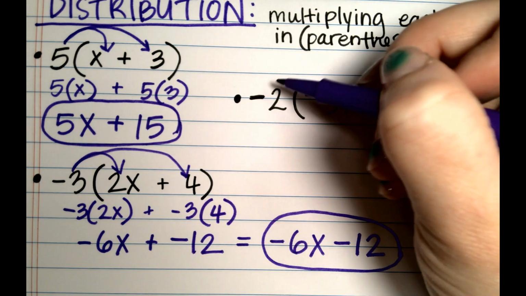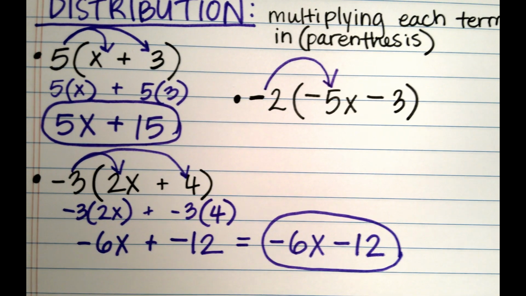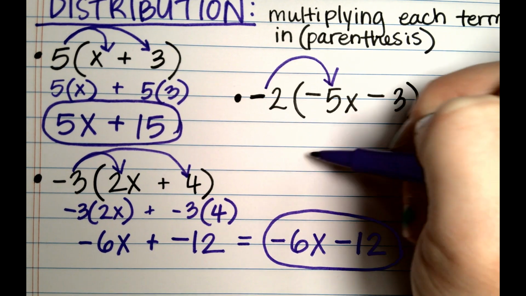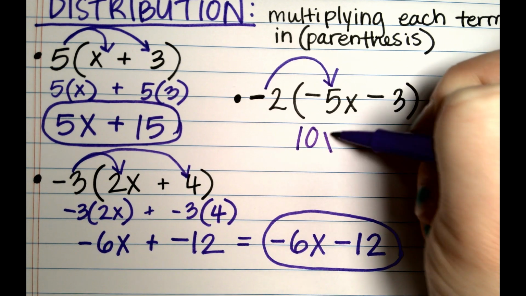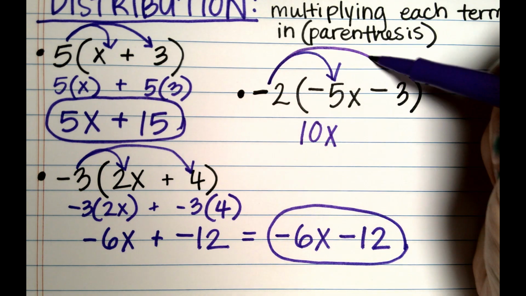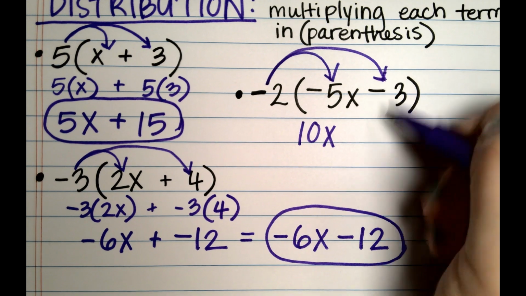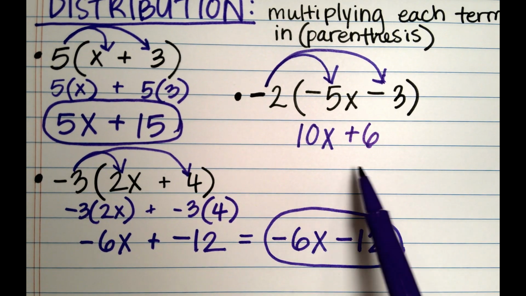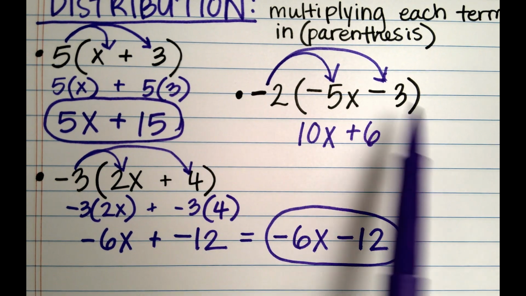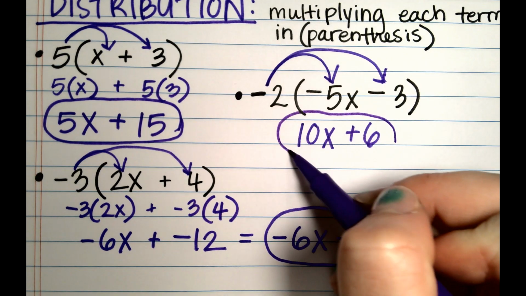We're going to multiply. First, we'll multiply negative 2 times negative 5x, which gives us positive 10x. And next? Negative 2 times negative 3, positive 6. So we skipped writing out each step and went straight to the answer. Does this make sense to everyone how I got here? Perfect. How do we feel about distribution?